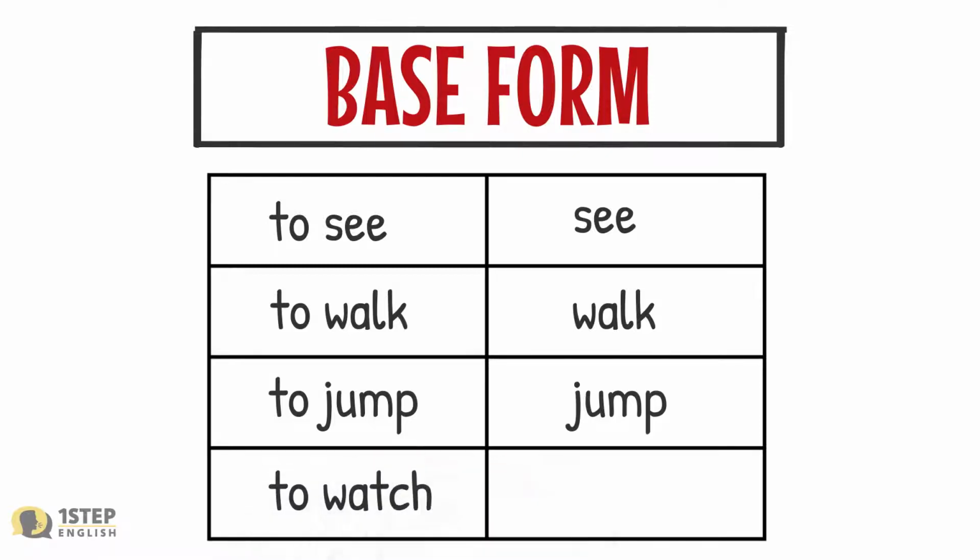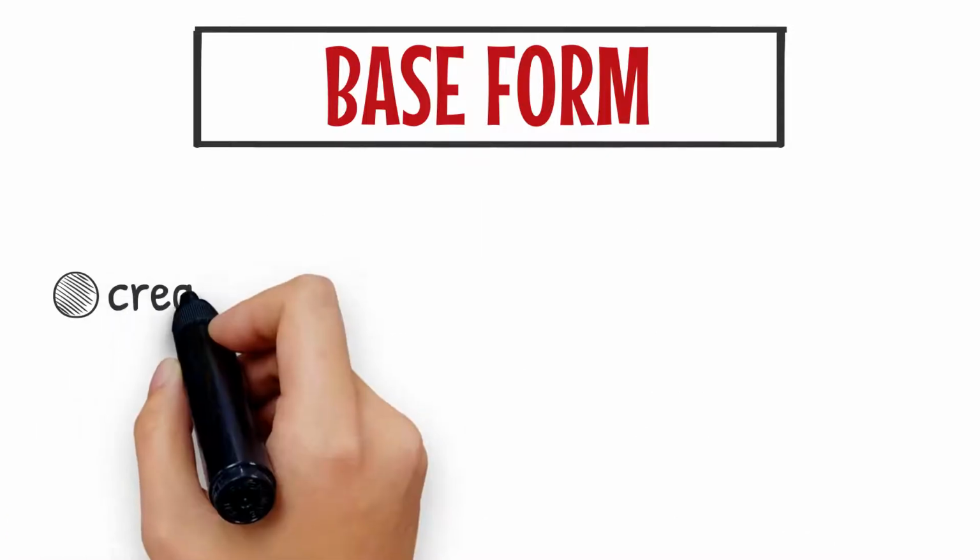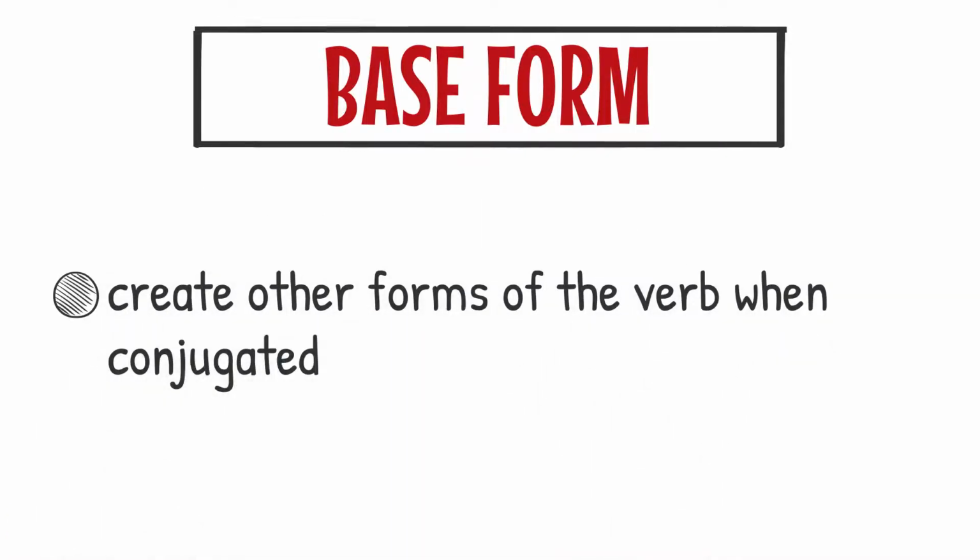To watch becomes watch. When on its base form, it's only watch. The root form of a verb is used to create other forms of the verb when conjugated. This is always true with regular verbs, but may not apply with irregular verbs, depending on the tense.